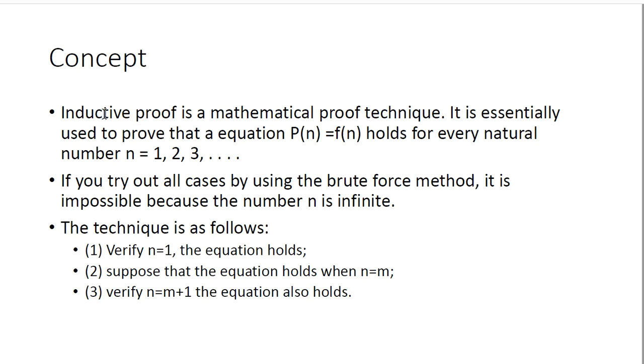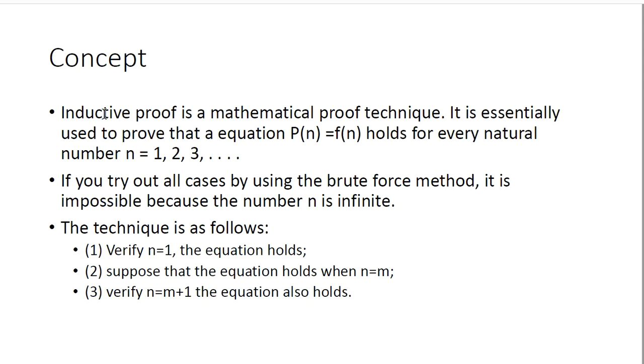So the technique of inductive proof includes three steps. First, verify the beginning number, usually the 1, and see that the equation holds. Second, assume that the equation holds when the number n equal to n.